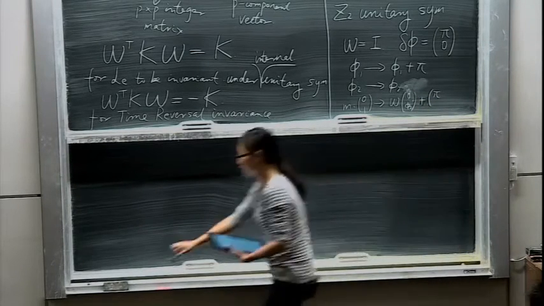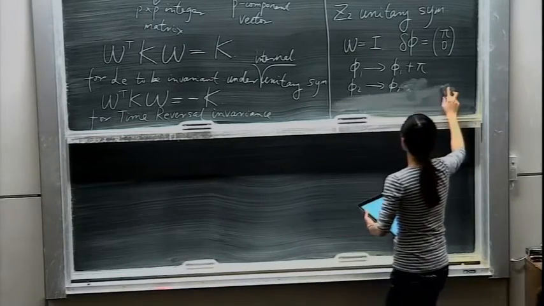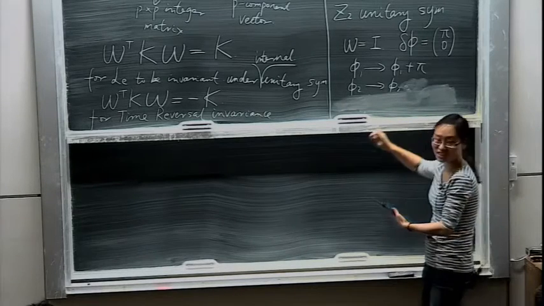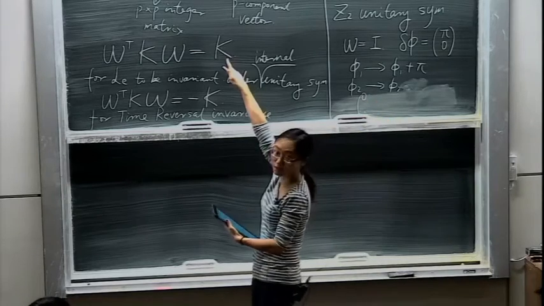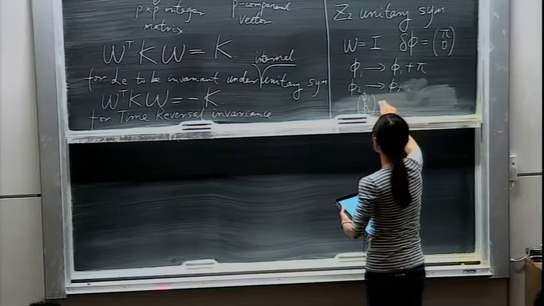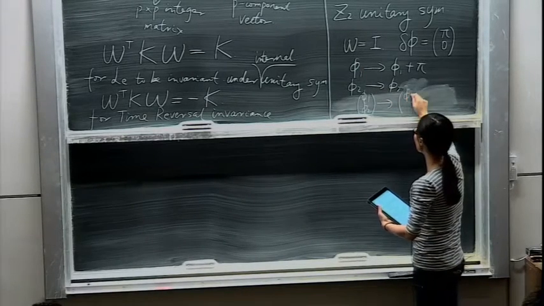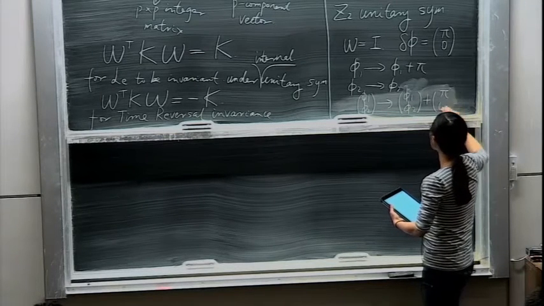Let me rewrite it. The symmetry transformation: this phi has two components. If I write it in vector form, it's phi 1, phi 2. And W is identity, so nothing happens. So it's phi 1, phi 2 going to phi 1, phi 2 plus pi, 0.